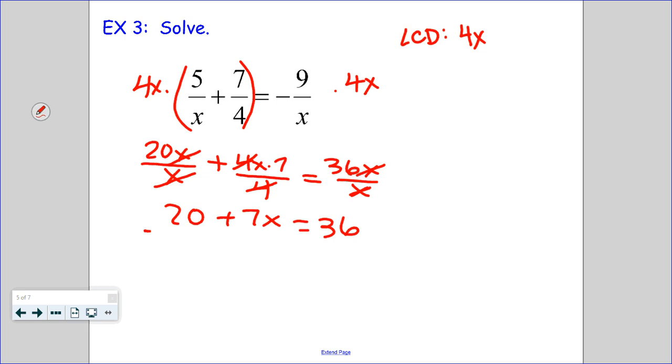So minus 20. So 7x equals 16. Oh, I didn't see the negative there. I messed that up. There should be a negative there.